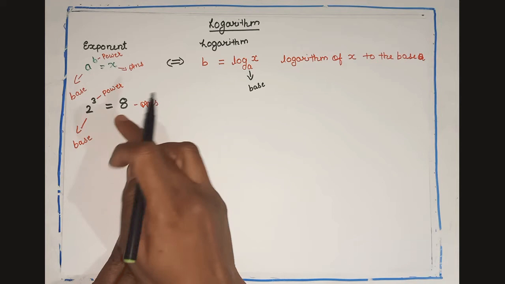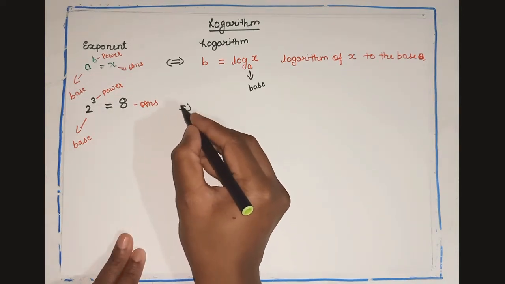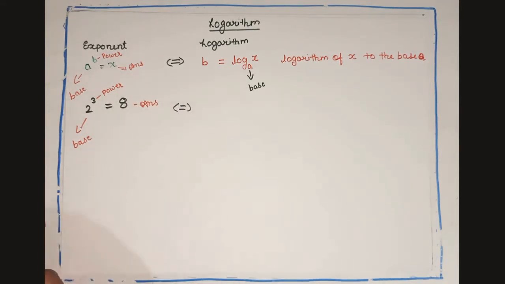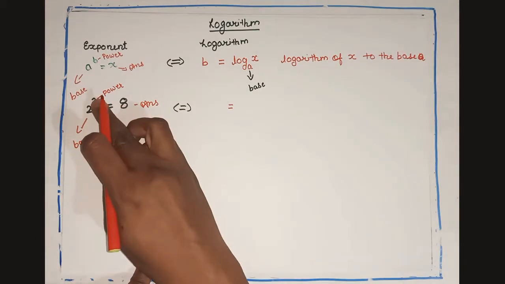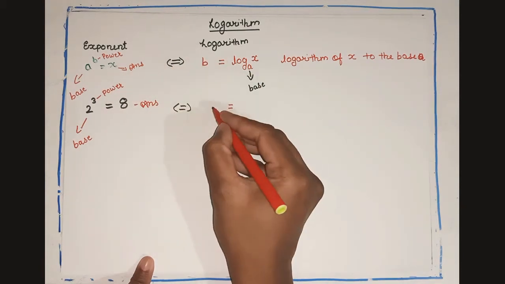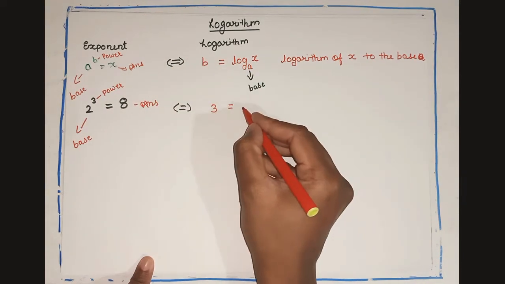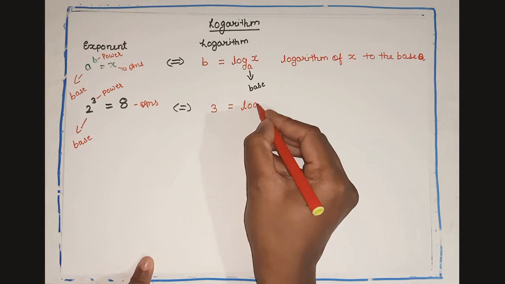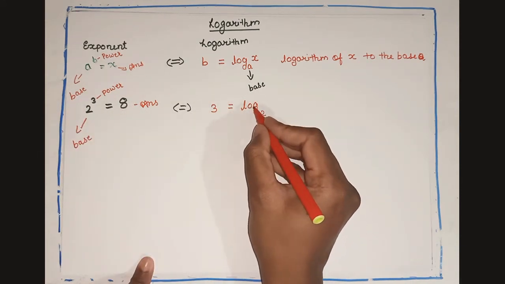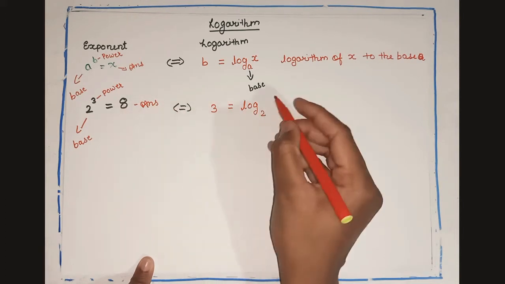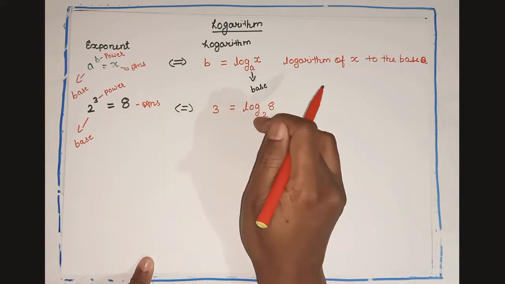In the same way, if you have to convert this example into logarithmic form, your power, this 3, will become the answer: 3 equals log of 8 to the base 2.